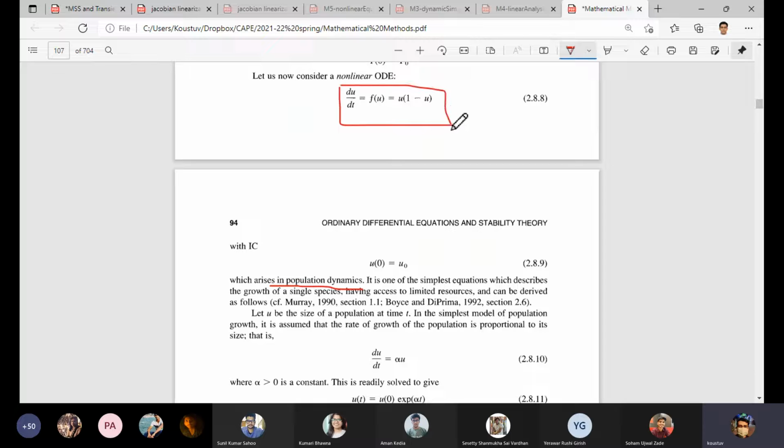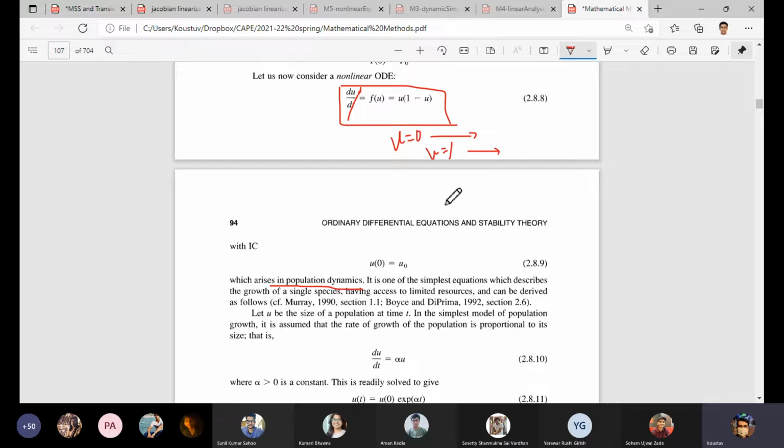Single variable, du/dt, which is a function of u times (1 minus u). Now it can easily be obtained what the two different steady state points are. One is 0 and one is 1, right? Just by making it 0 we can easily find out. But can we say which one is a stable steady state point and which one is an unstable point?